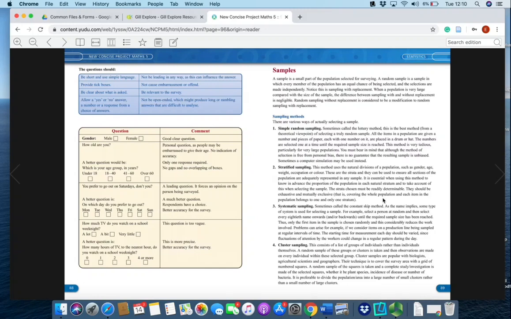It can be really good in something where you wanted a mix of race, for example. So within Ireland we have the majority of Irish white people.